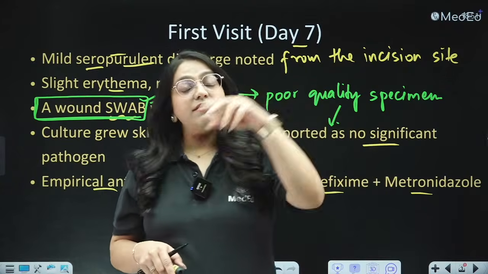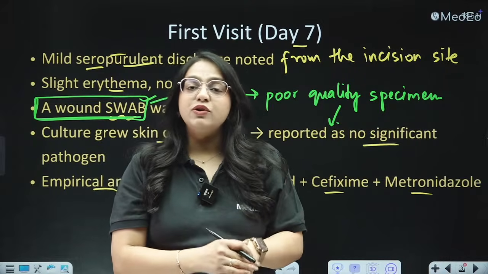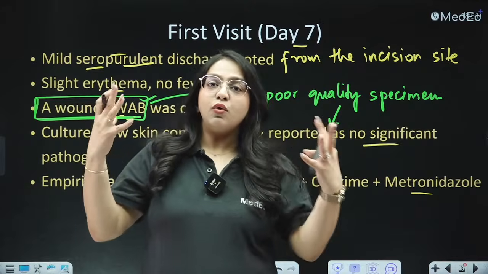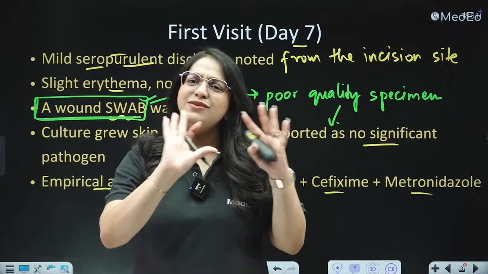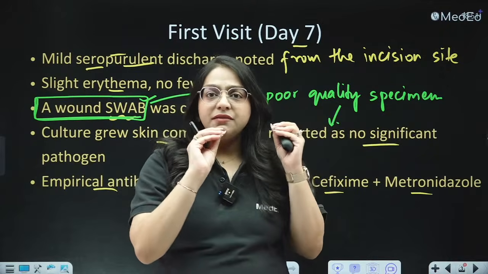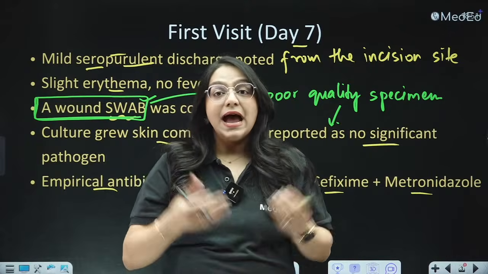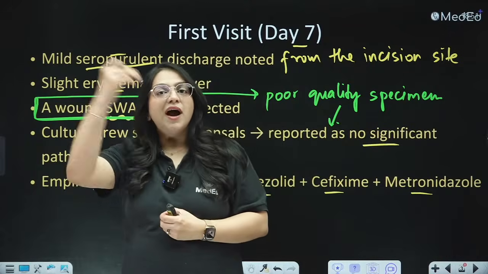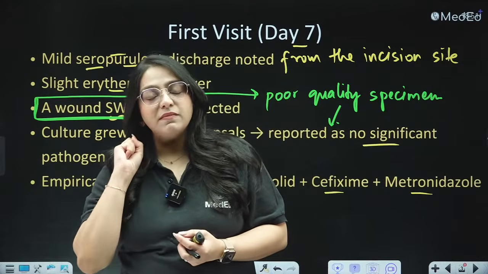Instead of that, what will keep growing? The commensals which were there on the skin, because the commensals are always much more adapted to grow than the pathogens. The pathogens are always slow growing, and they are very, very fragile microorganisms, so to say, and the flora of the body is more hardy than the pathogens. So swabs are not at all good specimens ever.